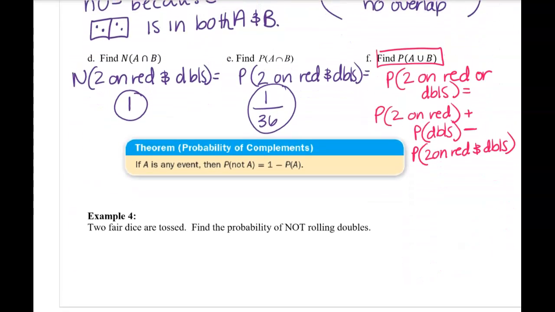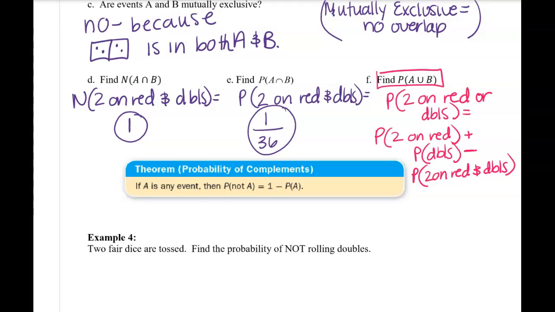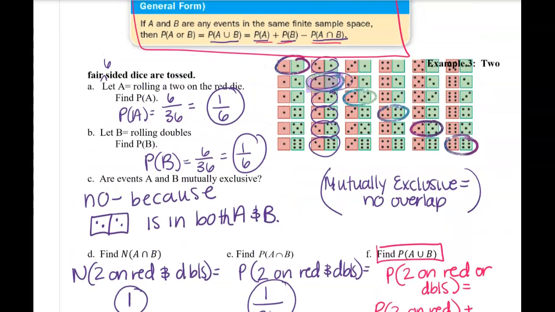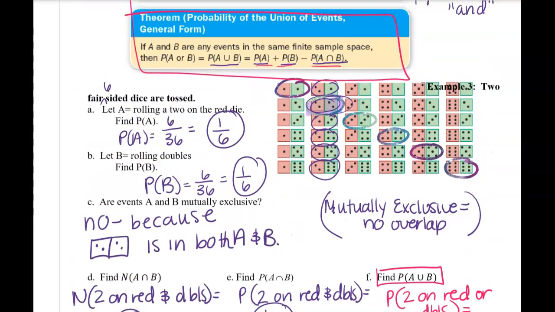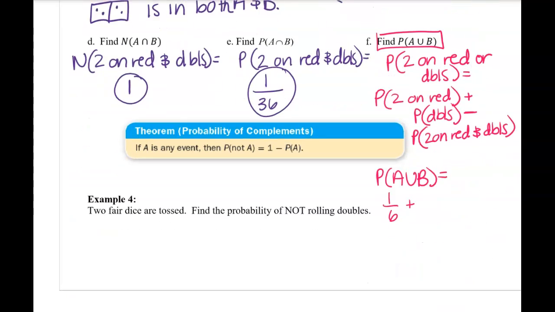So here, probability of 2 on red or doubles is going to be, so probability of A or B. Our probability of A, we had that up here, was 1/6, plus probability of B was also 1/6.